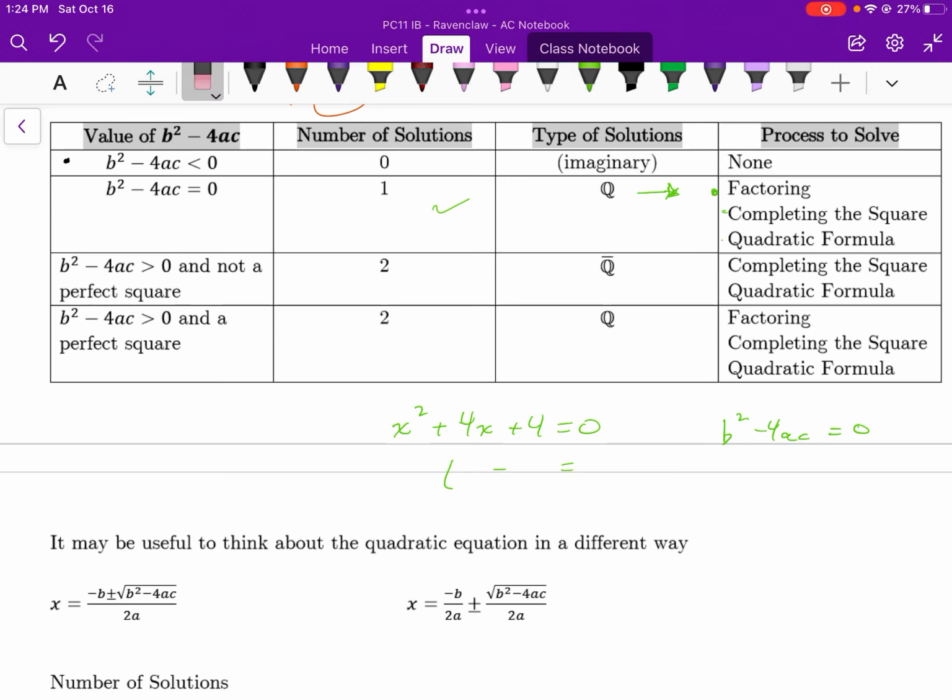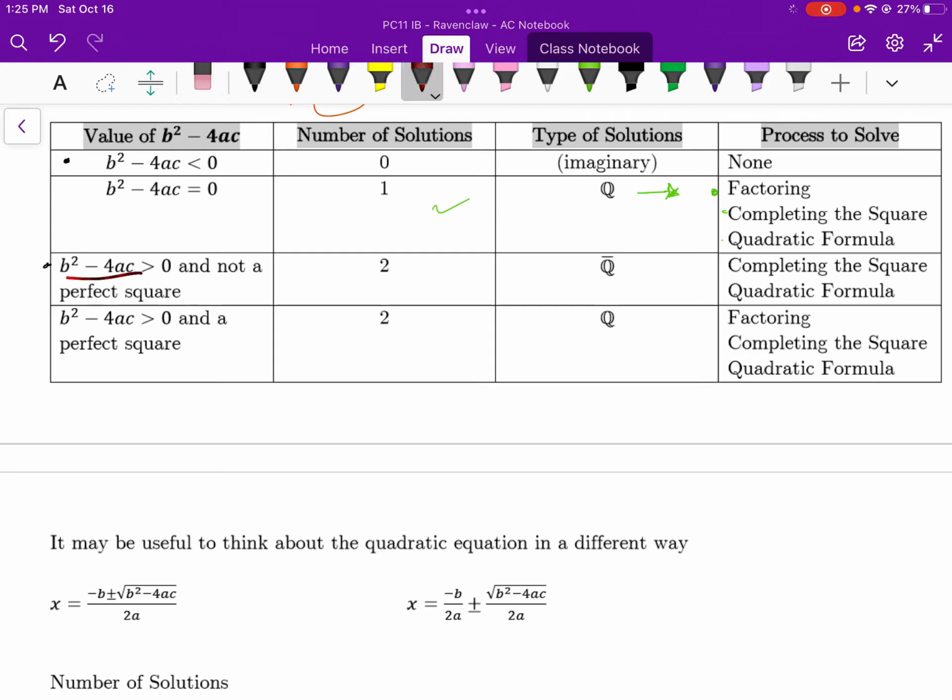All right. Now for the next bullet, if our discriminant is positive and not a perfect square, then we would have two solutions, and those solutions are going to be irrational.